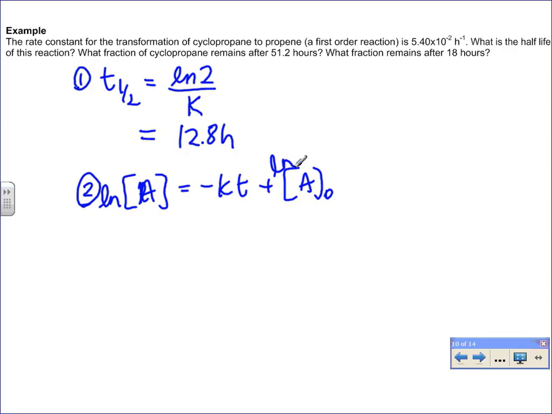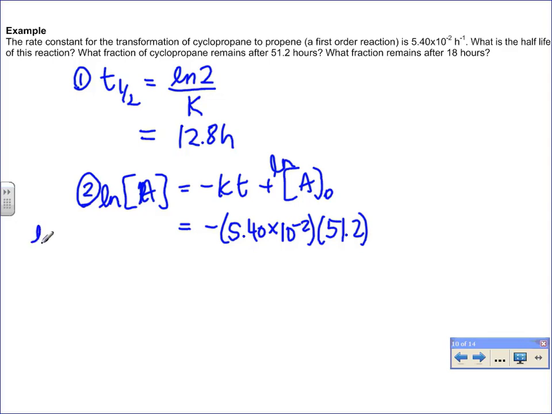We know the rate constant here, and we know the amount of time that's passed that we're studying. And what we want is to know the fraction of propane that remains. So really what we're looking for is the relationship between the concentration of A and the concentration of A naught.